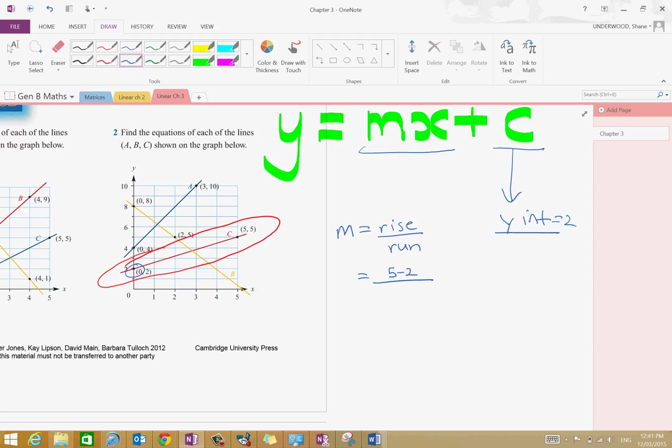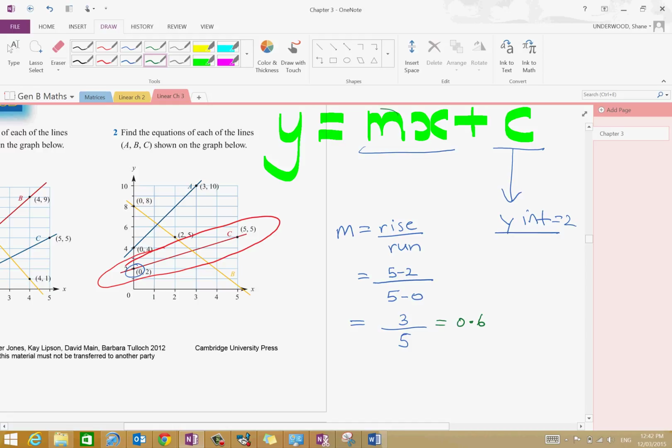Yeah, it's y2 minus y1. That's right. 5 minus 2 over x2 minus x1, which is 5 minus 0. So 5 minus 2 is 3 over 5. Now, a lot of you might say that that is also equal to 0.6, which it is, but you can leave it as that.